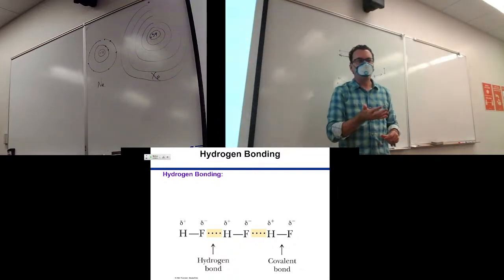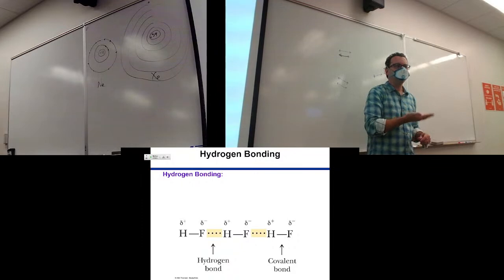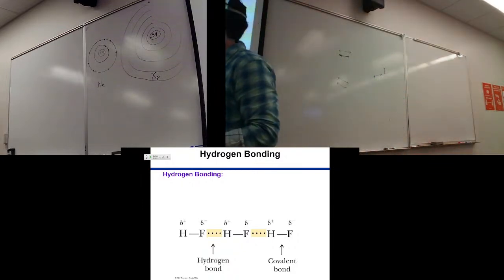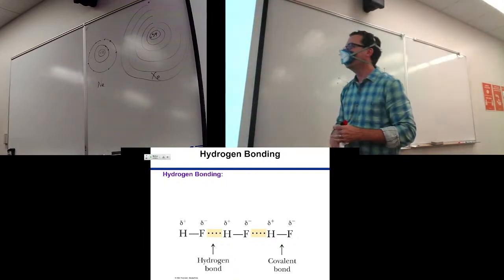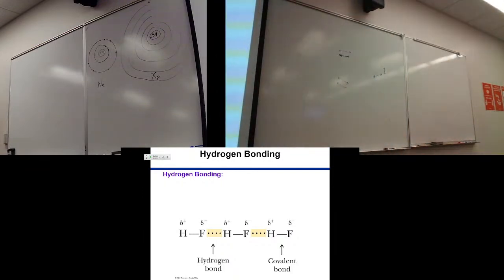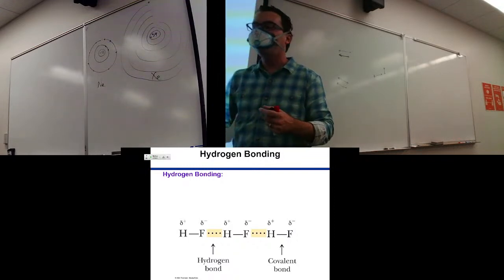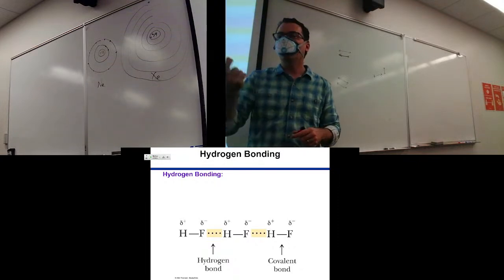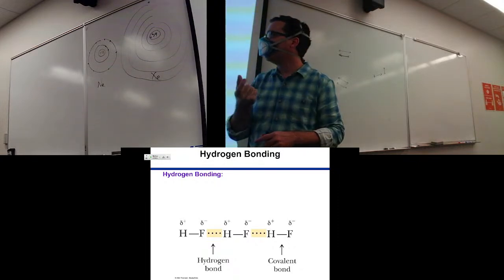And it sounds very confusing because it's not a bond that we think of, right? It's an unfortunate term that we've come up with, but it's stuck. And this is basically the dipole-dipole interaction between two molecules, but only when an H-F bond, an O-H bond, or an N-H bond is involved.